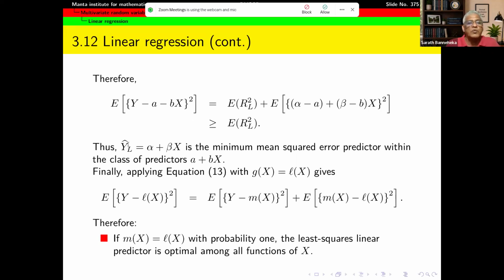Therefore, y hat L equal to alpha plus beta x gives you the minimum mean squared error.